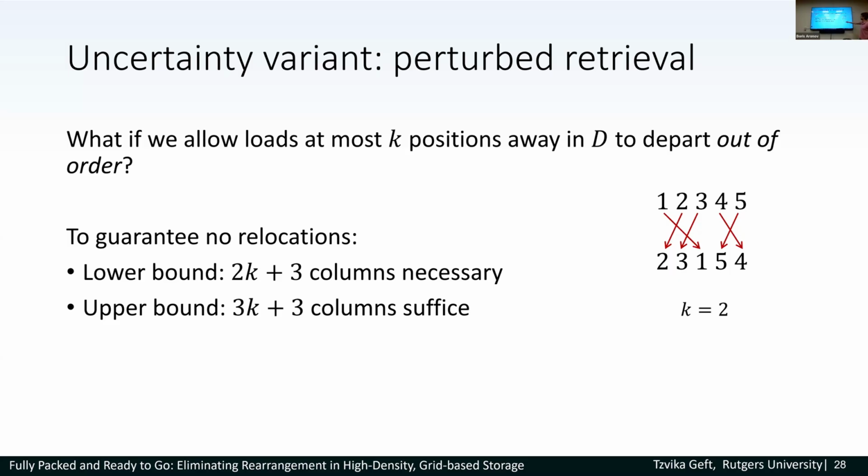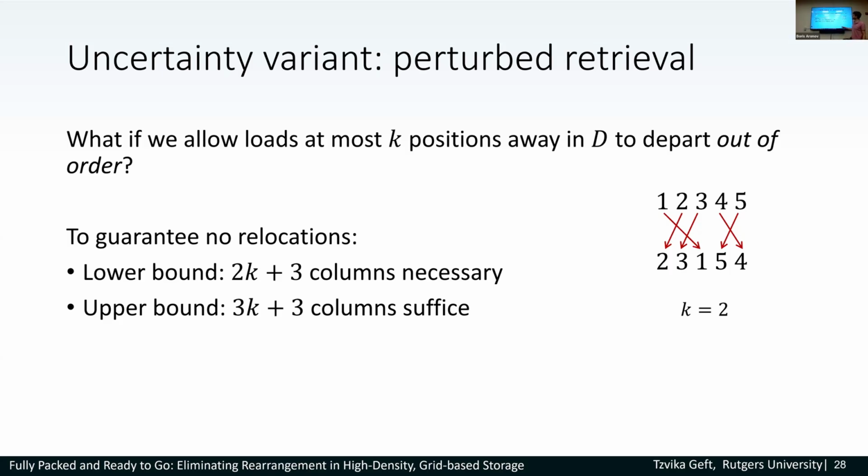So for k equals 2, we can allow some swaps. So maybe 3 and 1 can swap here, we swap 5 and 4. And we want to be able to find an arrangement that is able to support these other additional departure orders. And we got some results for it that are not super tight yet.